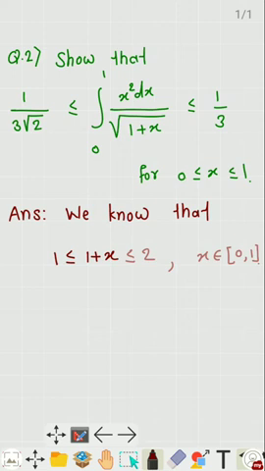So we take this inequality and try to prove the given inequality.